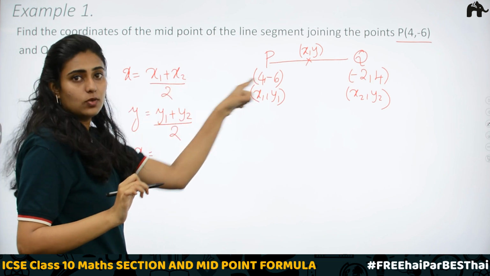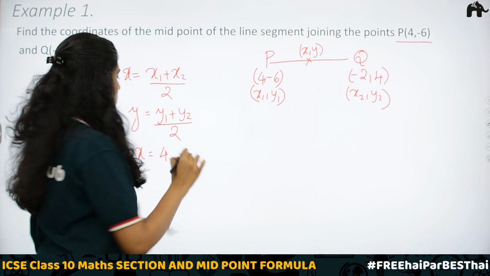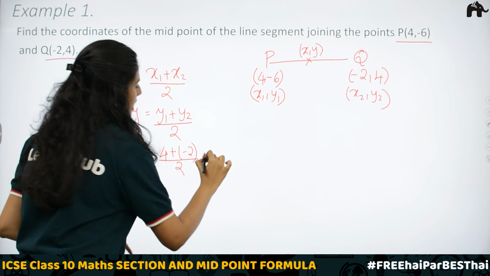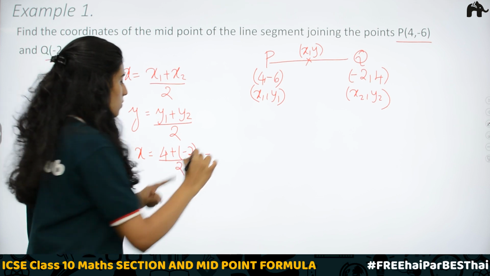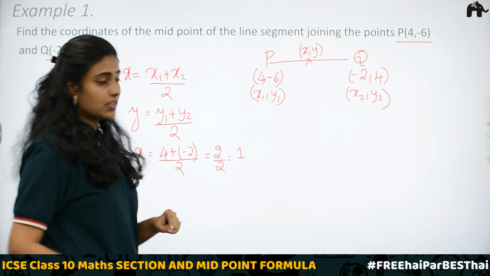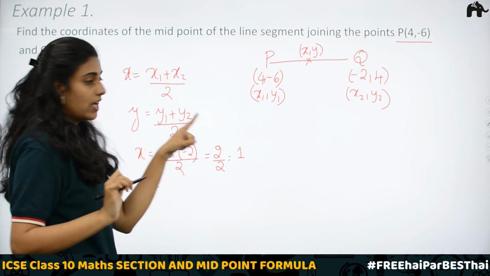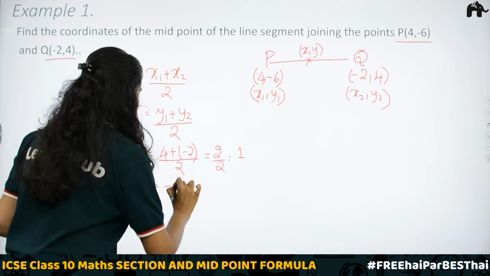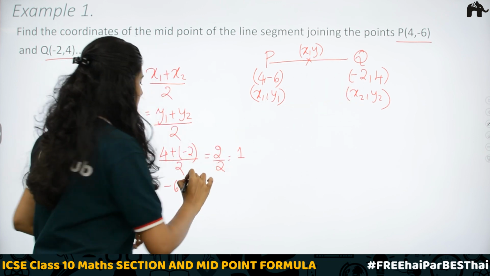Here x1 is equal to 4. 4 plus x2 is equal to minus 2. 4 plus minus 2 divided by 2, that is equal to 4 minus 2, 2 divided by 2, which is equal to 1. Next, the y coordinate. y is equal to y1 plus y2 divided by 2. Here y1 is equal to minus 6. Minus 6 plus y2 is equal to 4.